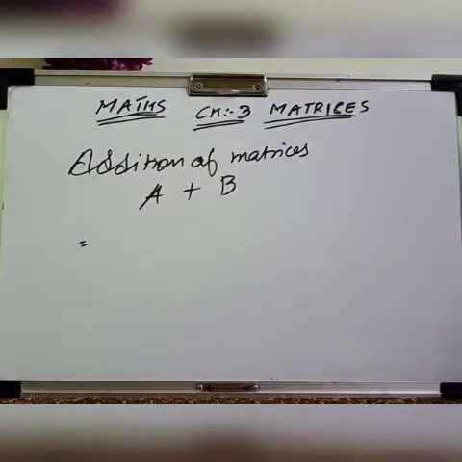If the order of A and B is not the same, then the addition is not possible. So to move on further with the addition, the first and foremost condition is the order of two matrices should be the same, and only then addition is carried out.